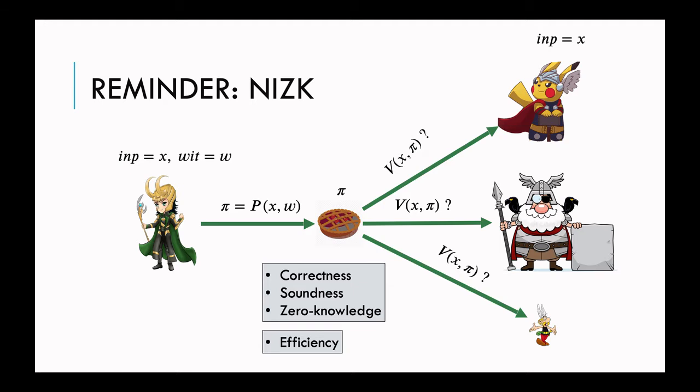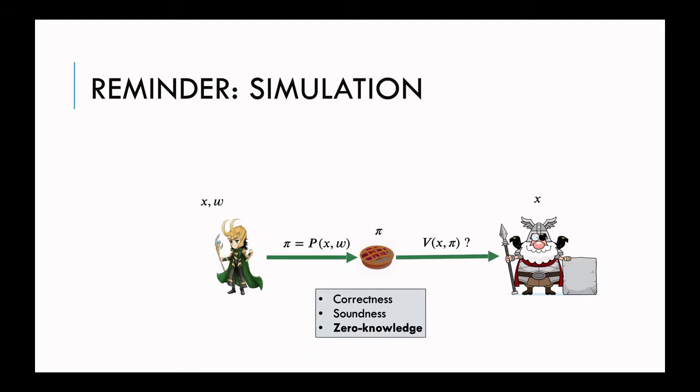To explain why we are interested in updatable NIZKs, let us consider how usually the zero-knowledge property is proven. So, as before, we have a prover and verifier, and the prover sends the argument that depends on the witness to the verifier.